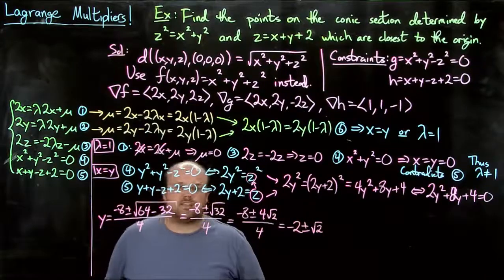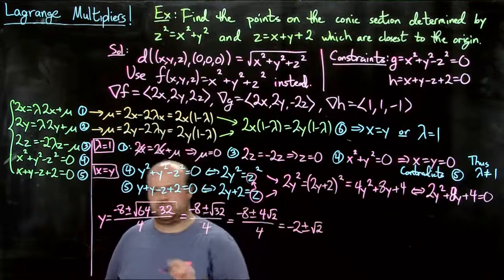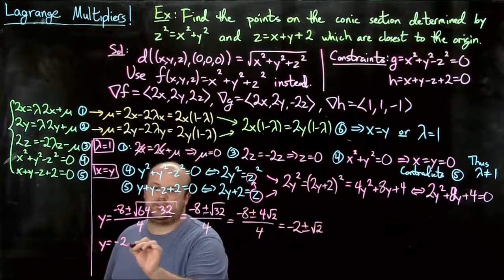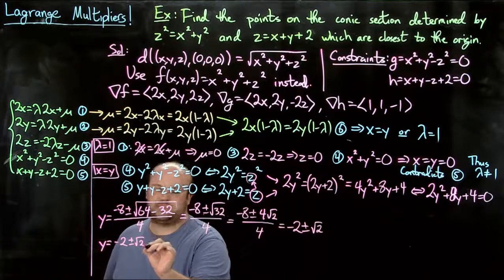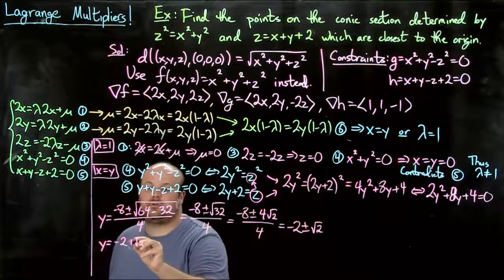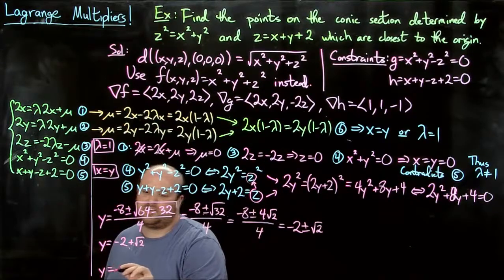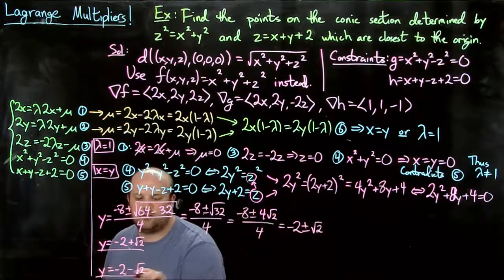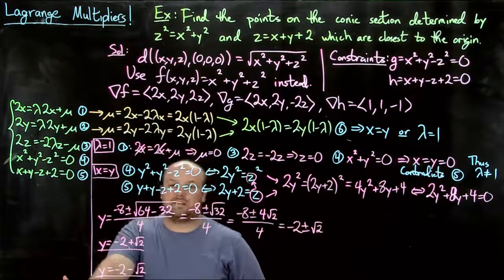And now we just have to split that up into the two cases: y equals negative 2 plus root 2, and y equals negative 2 minus root 2. What are the z and x values in each case?